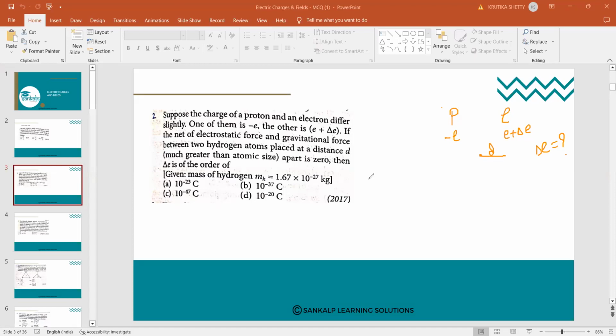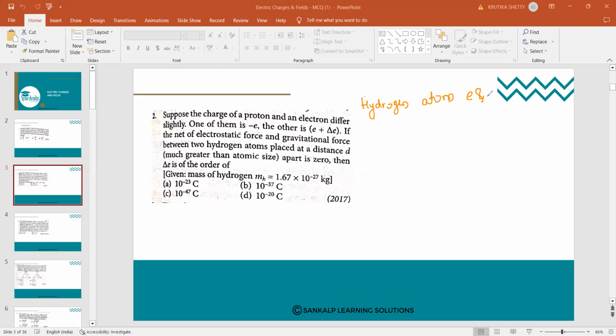Here what is the charge they have given? One is minus E and the other one is E plus delta E. So we know that a hydrogen atom consists of electron and proton both.